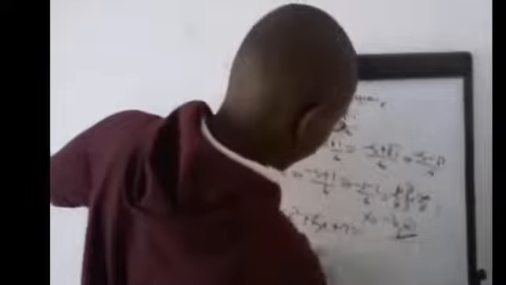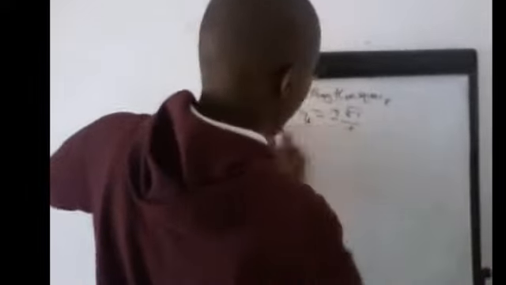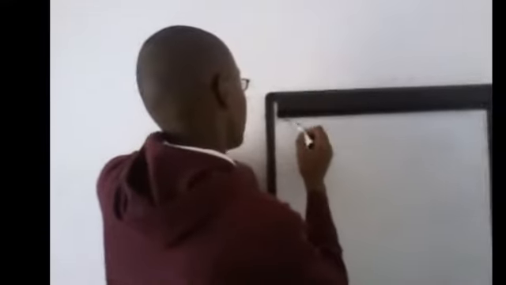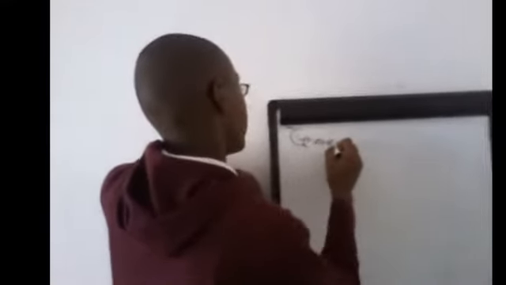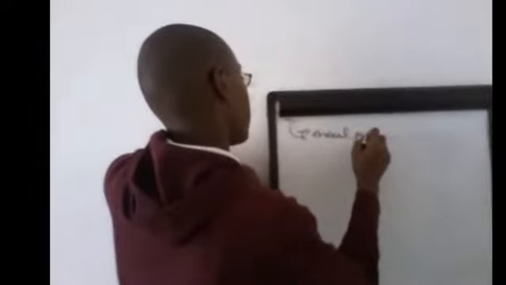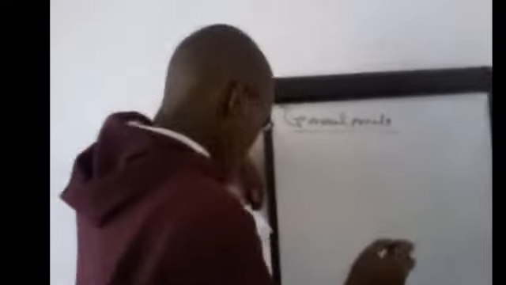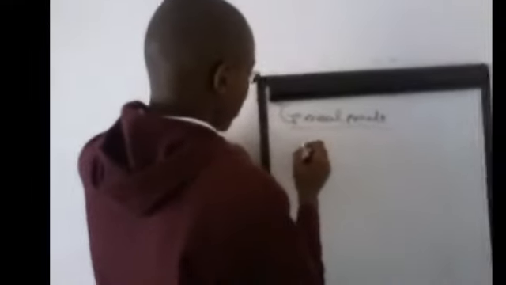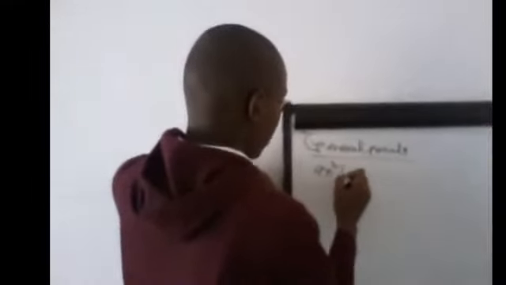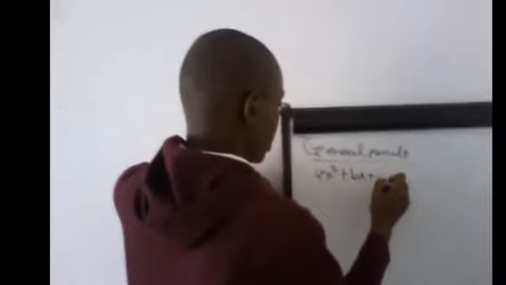Okay, now I'm turning to the last of the common ways of solving quadratic equations, and it is by the general formula. The general formula comes from the quadratic equation, which is ax squared plus bx plus c equals 0.